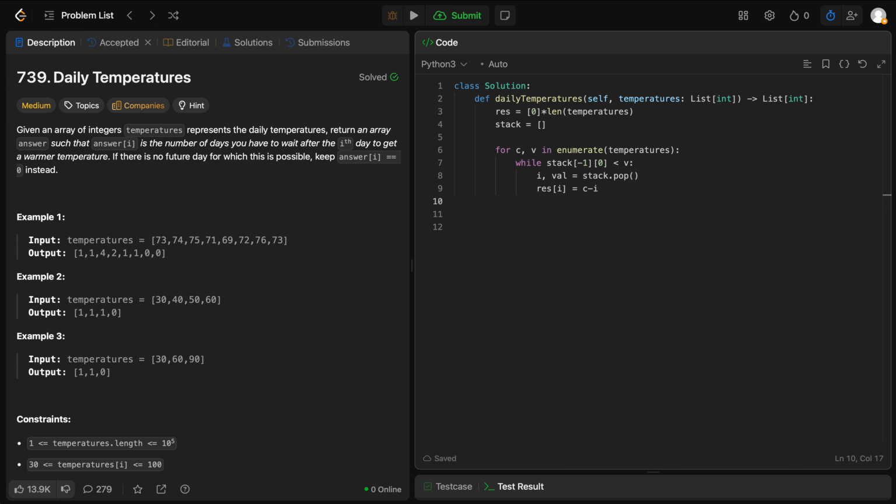So while I can do it, here I just push this one to the stack. So stack.append, it will be value and count. Essentially this looks right to me. Maybe I missed something.